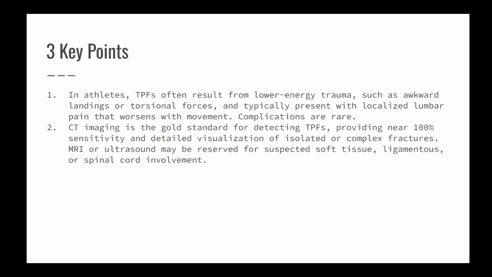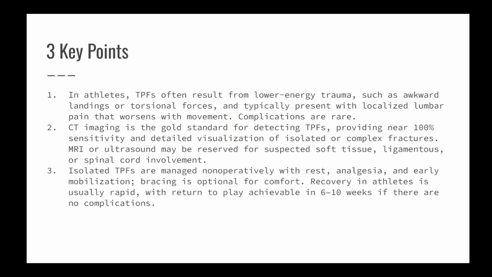MRI is useful for soft tissue ligamentous and spinal cord injuries. Another word, ultrasound, is in there. There is a conversation about ultrasound, but that is not for today. And then the management is non-surgical with rest, analgesia, and early mobilization as tolerated. Bracing is optional, and recovery is pretty quick, with most people able to return to play in about 2 months.